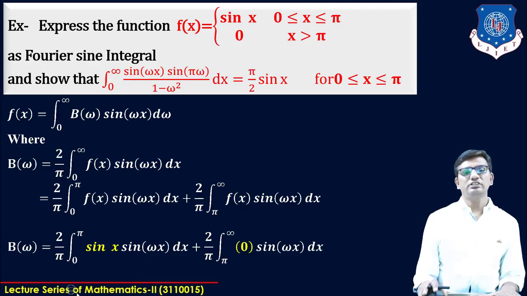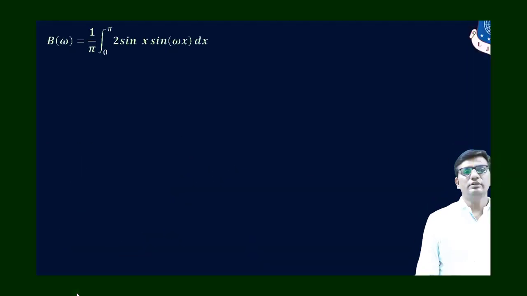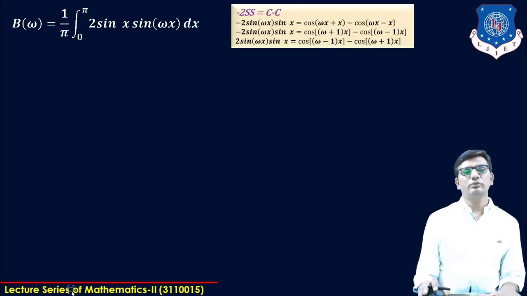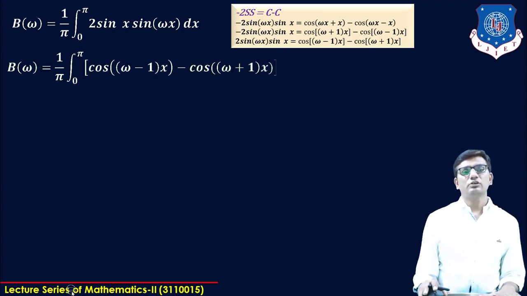Now the second integration is 0, so we get only b omega equal to 1 upon pi integral 0 to pi 2 sine omega x sine x dx. Now we apply the formula for 2 sine A sine B, that is minus cos C plus cos D. After simplifying we get b omega equal to 1 upon pi integral 0 to pi cos (omega minus 1)x minus cos (omega plus 1)x dx.